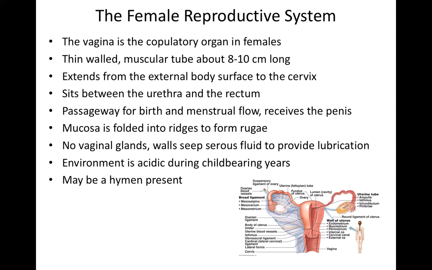The opening, the external vaginal orifice, may or may not be covered by a sort of flap of mucosa called the hymen. So not everybody has a hymen. Some people have a hymen that is so complete that it has to be surgically opened. A hymen is not an indication of virginity under any circumstances.